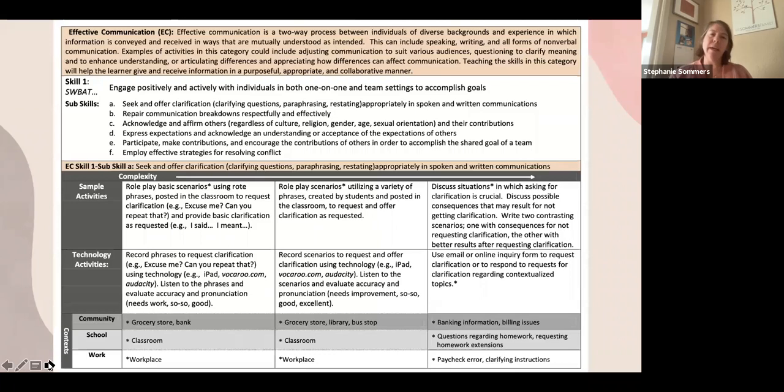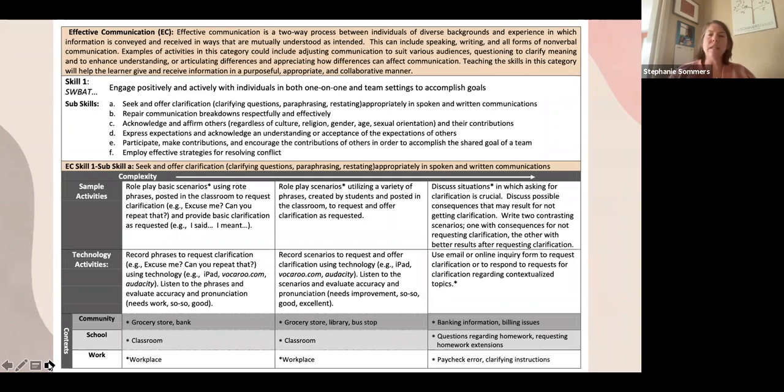Here is a page from the TIF that I'm just showing in case anyone, again, is new. So inside the complete TIF, there's also a version called TIF at a Glance, which does not contain the activities. But inside the complete TIF, you'll see a definition for the category, and then each category has between 3 and 4 skills.